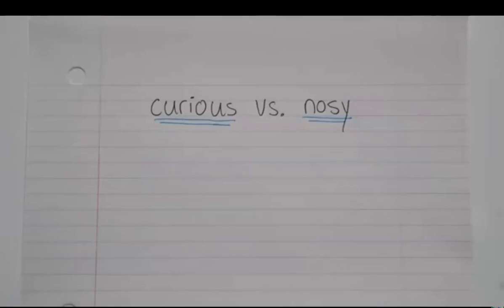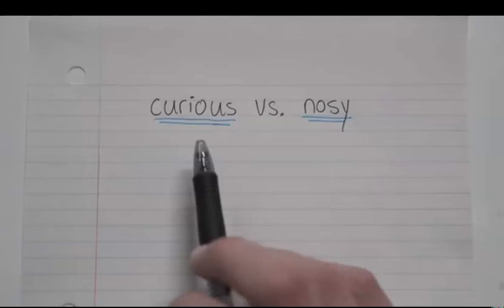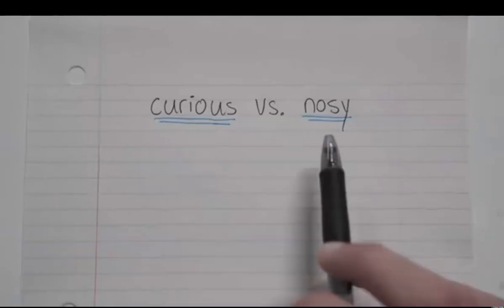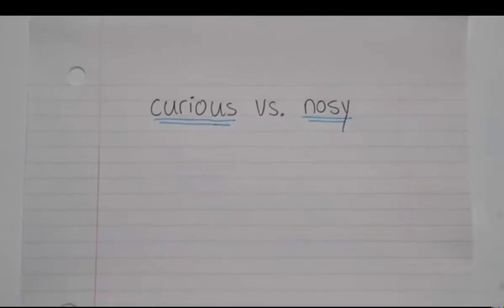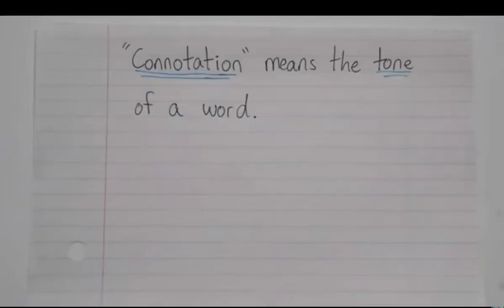However, curious and nosy do not have the same tone. One of them sounds a bit more positive, and one of them sounds a bit more negative. So even though two words might have the same denotation, the same dictionary definition, they can have a different tone, a different energy, a different connotation.